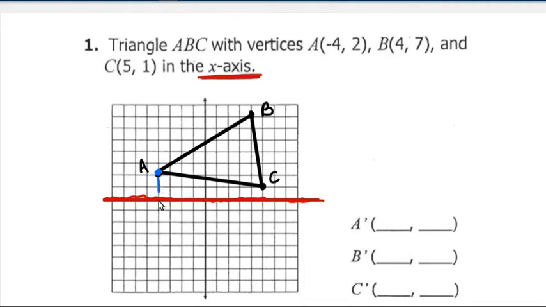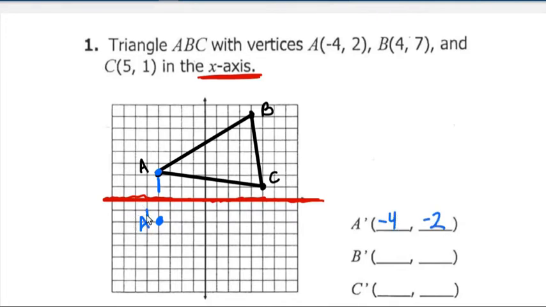So if A is 2 units above the line of reflection, my new A is going to be 2 units below. And we call this A prime. It has the little apostrophe.